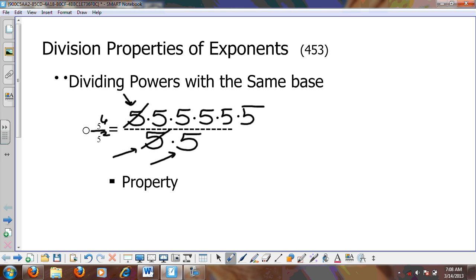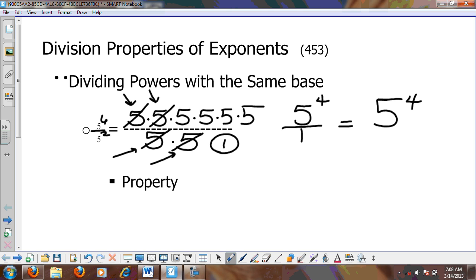But guess what? I have another 5 in the denominator and another 5 in the numerator, so I can cross those out. So I'm left with 1 on the bottom, and I'm left with 5 times itself 4 times, or 5 to the 4th over 1. Well, 5 to the 4th over 1 simplifies just to 5 to the 4th.